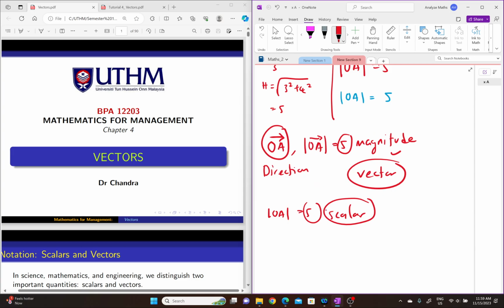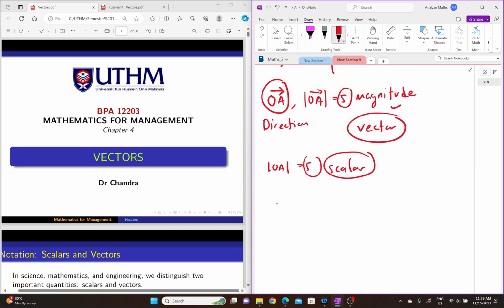That is the difference. Now just now, OA was 5 and OB was 5. Therefore, by scalar, OA is equal to OB. Both are 5 and 5.